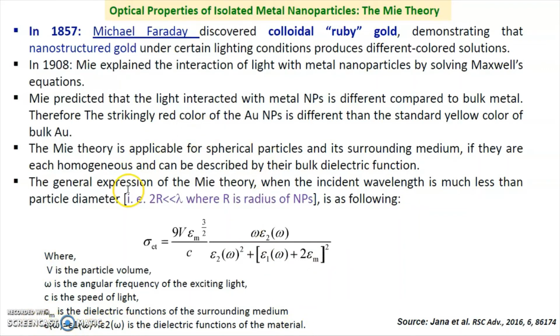The material in this case is, let us say, gold, so you must have the value of the dielectric constant for that gold. Epsilon 1 is the real part of the dielectric constant, and epsilon 2 is the imaginary part, and all of these are functions of omega.